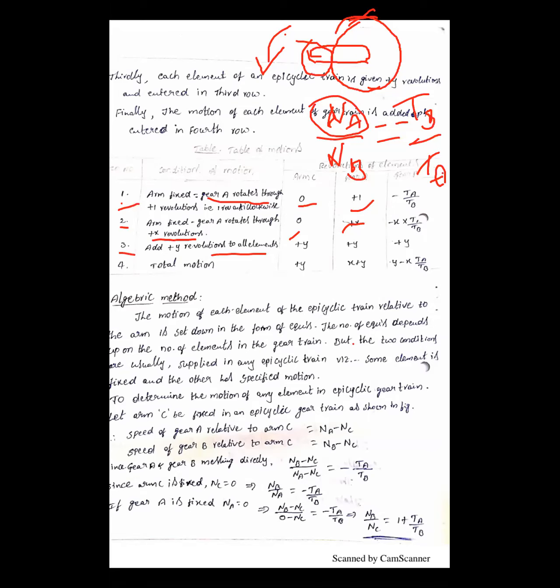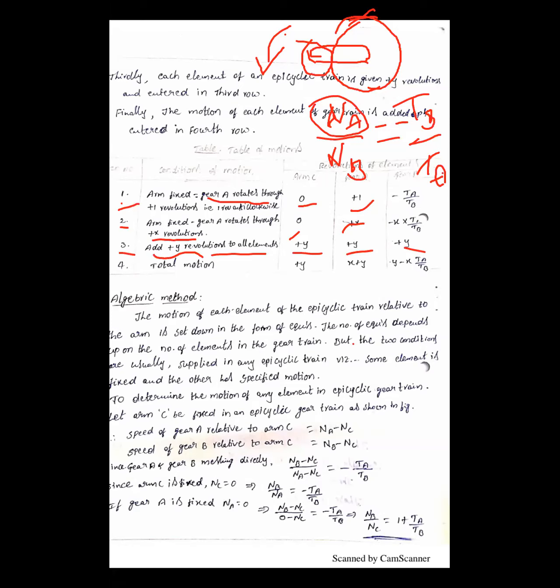The arm is taken to be fixed, but that does not always happen. Sometimes the arm is running, because it is acting as a chain drive. So we should also give some addition to all the elements, and that addition value is plus y. So just add plus y to all the speeds.